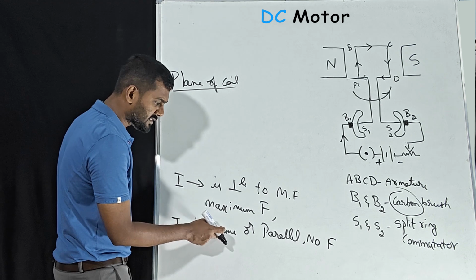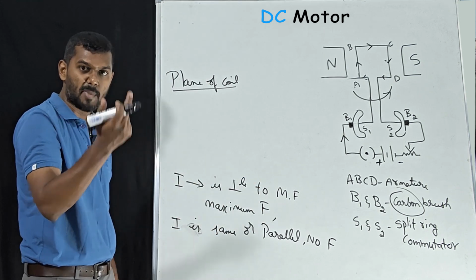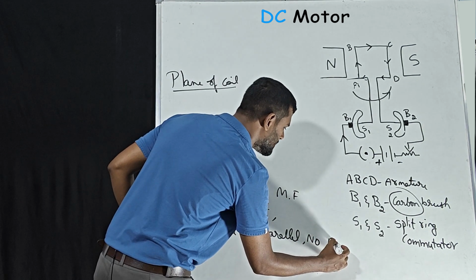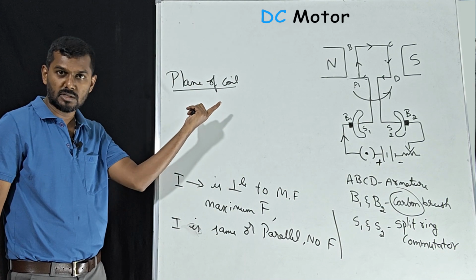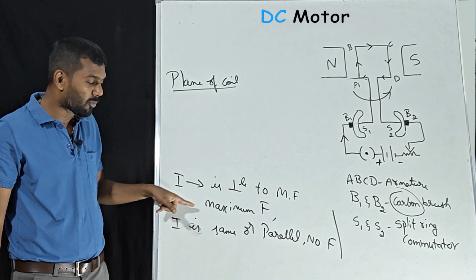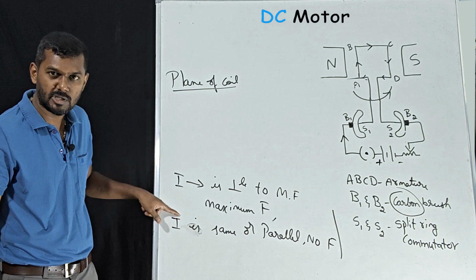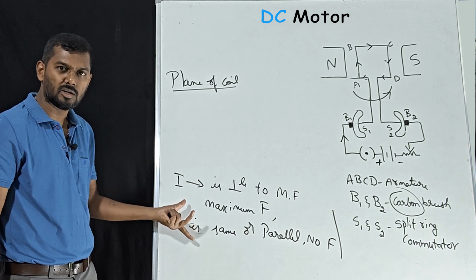If current direction is same or parallel to the direction of magnetic field, no force will be generated. This we know, correct? Whatever concept we are going to learn now will be exactly opposite to this one.